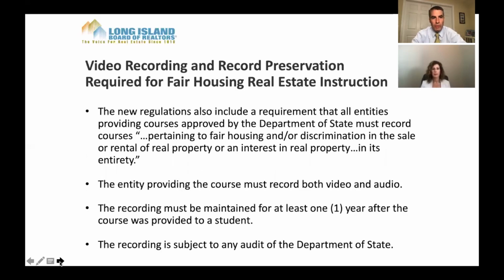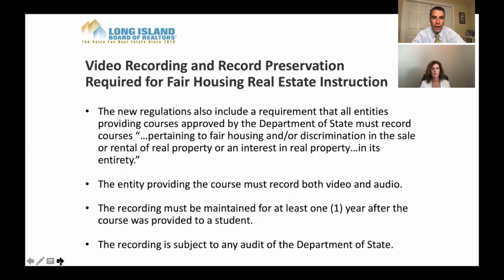I also want to briefly talk about the video recording and record preservation requirements for fair housing and real estate instruction that are part of the new regulations. The new regulations also include a requirement that all entities providing courses approved by the Department of State must record courses pertaining to fair housing and/or discrimination in the sale or rental of real property or an interest in real property in its entirety.